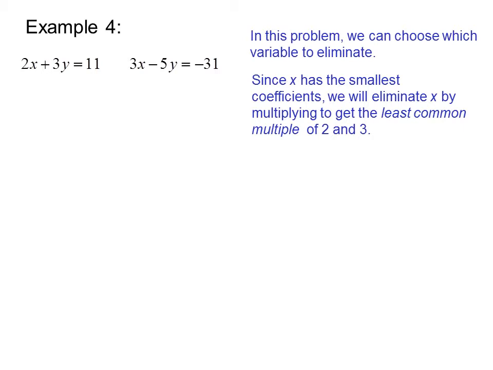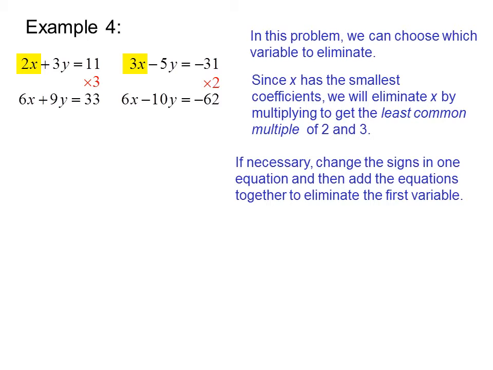The least common multiple of 2 and 3 is 6, so we'll multiply the first equation by 3 and get 6x plus 9y equals 33, and we'll multiply the second equation by 2 to get 6x minus 10y equals negative 62.